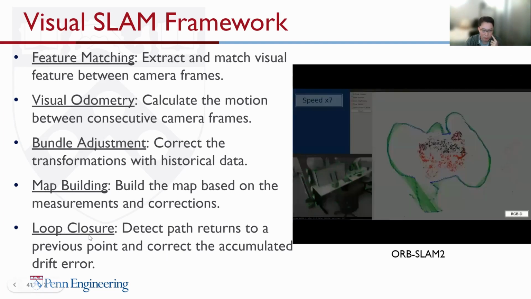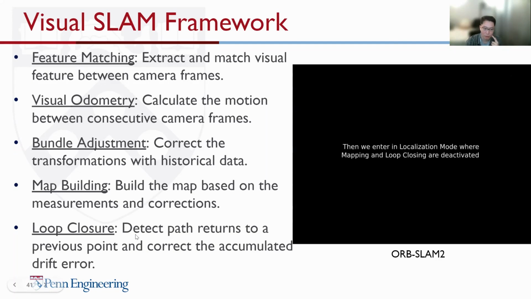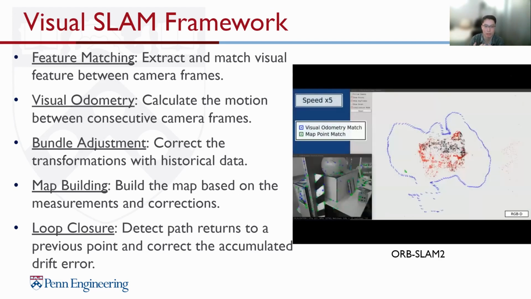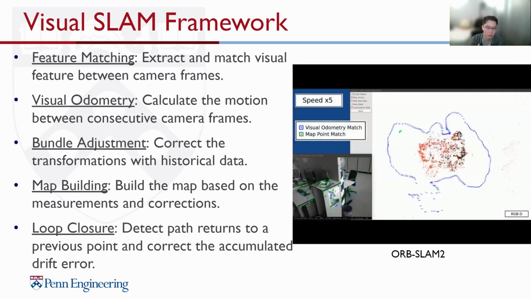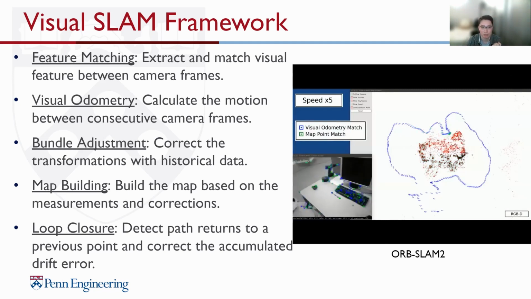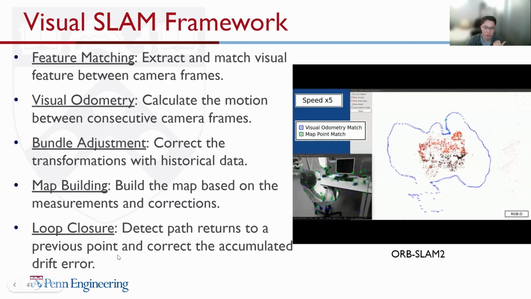Another important part is the loop closure. When we encounter the same location the second time or even third time, can this algorithm detect that we return to the same point?